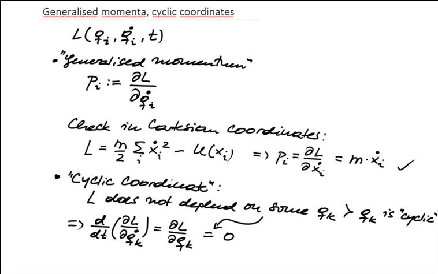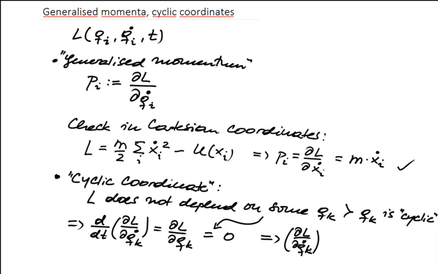This implies the left-hand side of this equation of motion is 0. And this implies that what is behind the time derivative must be a constant. So this implies that the partial derivative of L with respect to q_k dot is a constant.